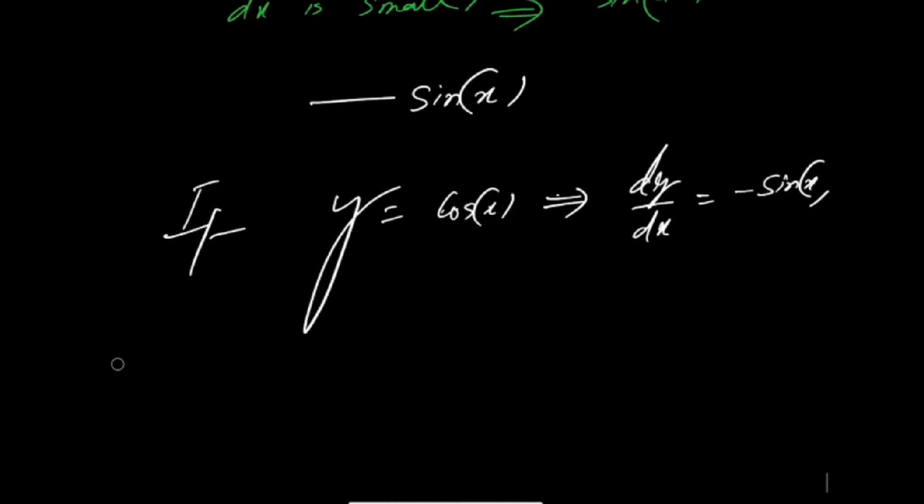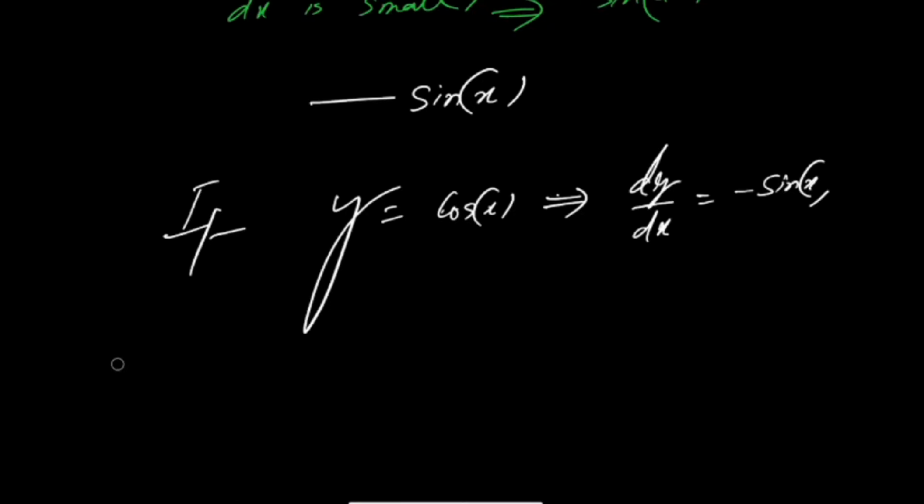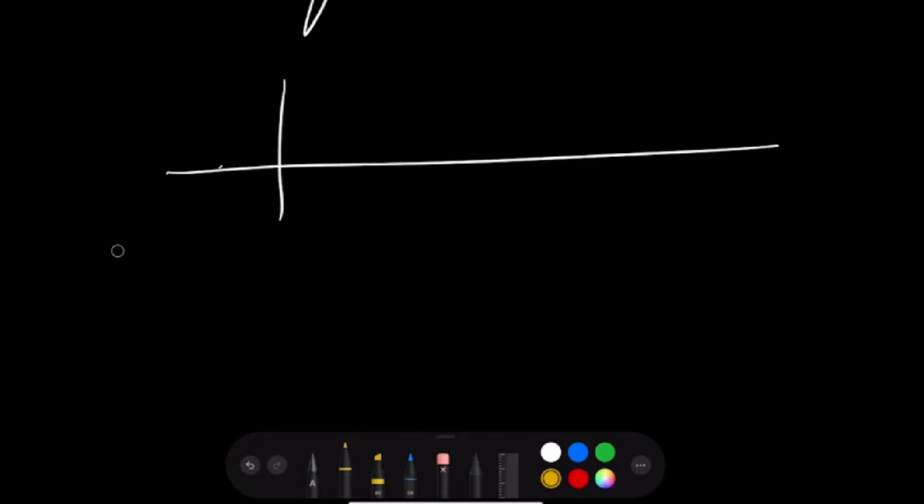Now you can check it graphically again. Let me draw the graph of cos x. We have already drawn the graph of cos x. It will start at 1, it will become 0 at 90 degrees, then it will enter the second quadrant, where it is negative, third quadrant, it is negative, fourth quadrant, again it is positive.